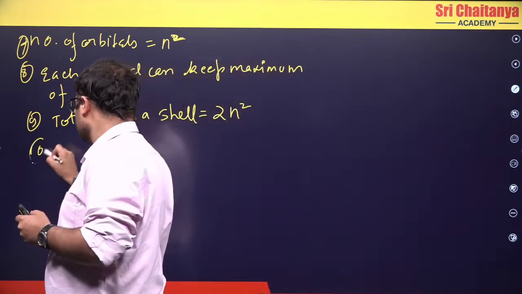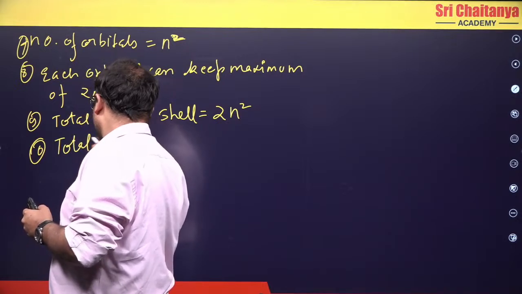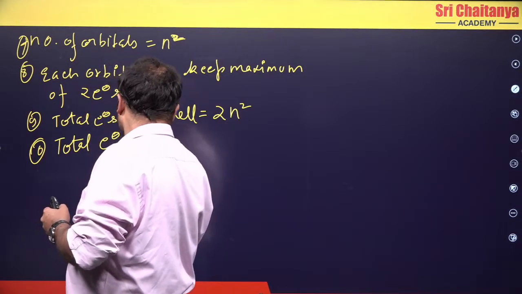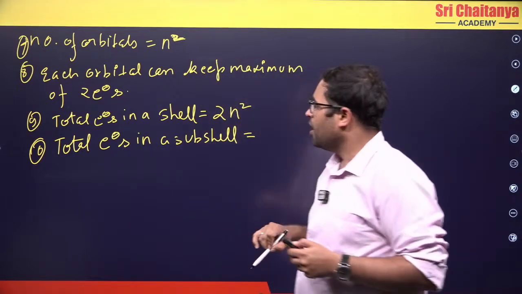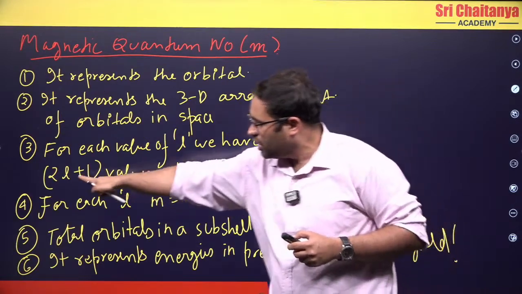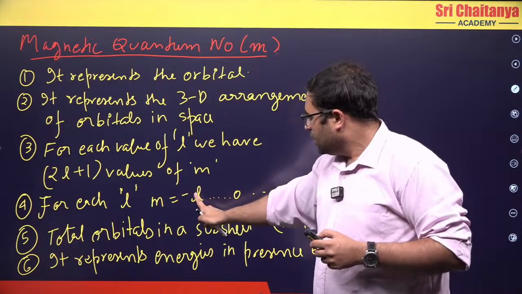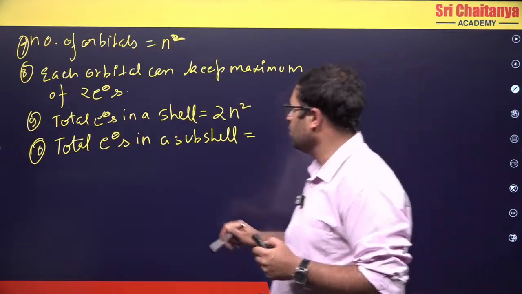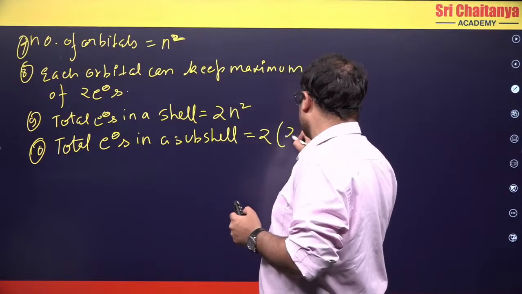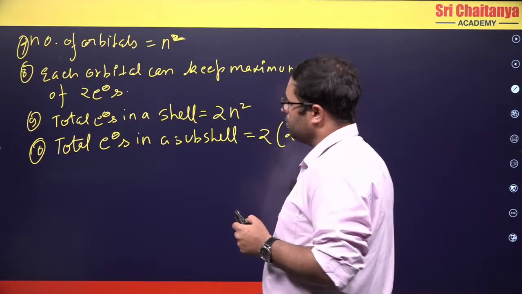And total electrons in a subshell, how many orbitals are present in a subshell? 2l plus 1, right? Twice of that, right?